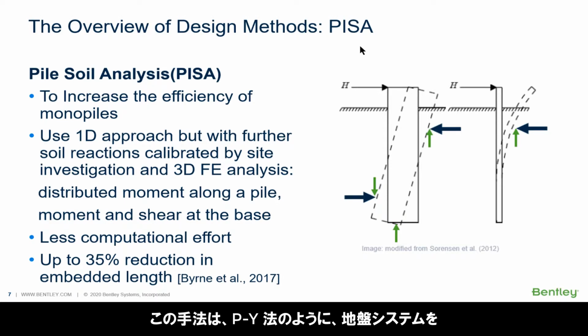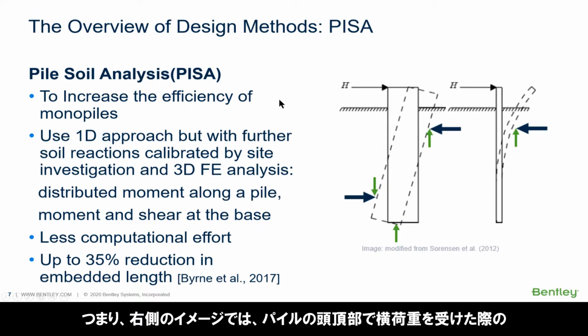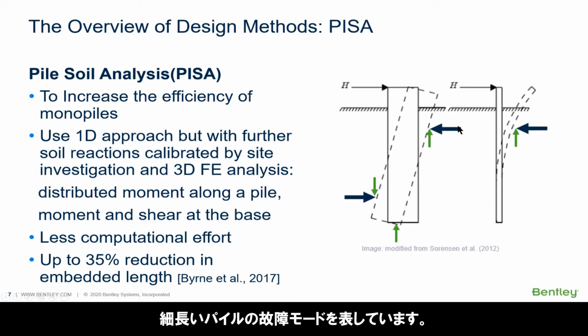The method simplifies the foundation system to a one-dimensional system like the PY method does, but it uses soil reactions calibrated from three-dimensional finite element analysis. Furthermore, it considers the additional soil reactions caused by rigid motion of the monopile. The picture here on the right-hand side shows the failure mode of the slender pile under lateral loading at the pile head.